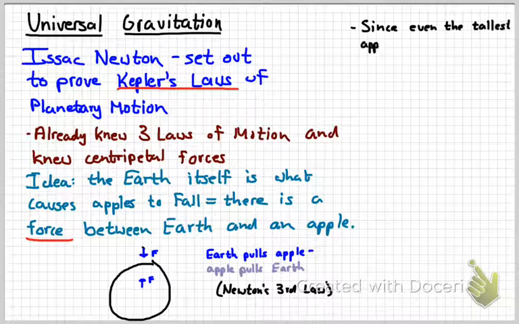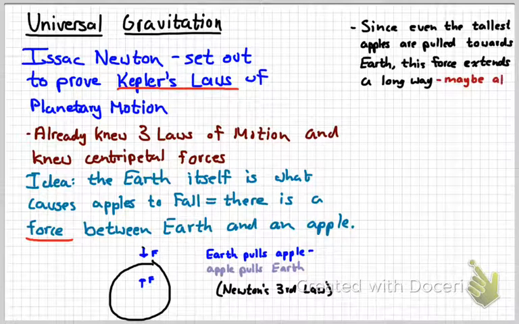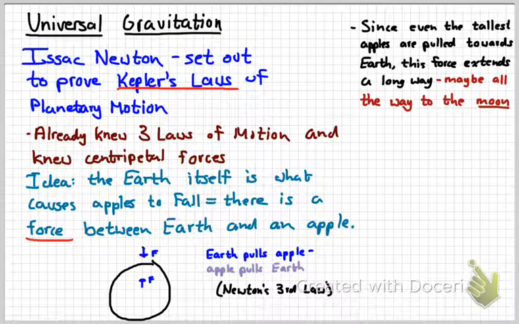Now, since apples, no matter how tall the tree gets, are always pulled towards the Earth, Isaac Newton figured that this force extends a long way, possibly all the way to the moon. So, by reasoning, since even at the highest apple tree, apples still fall to the ground, Newton figured that maybe the same force that causes apples to be pulled to the ground extends all the way to the moon.